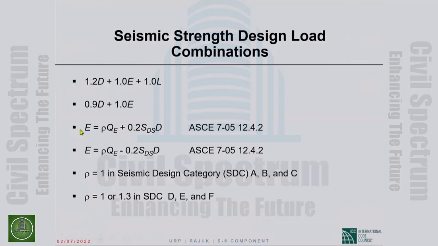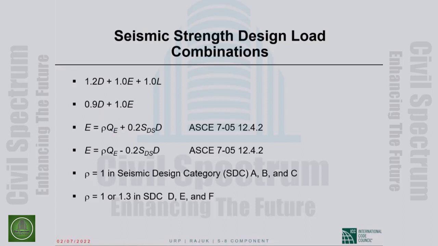Now, E in ASCE 7, first of all, and I'll talk about BNBC in a second. In ASCE 7, the earthquake effect E is made up of horizontal earthquake effect and vertical earthquake effect. The horizontal earthquake effect is the Q sub E that I showed you. This is the internal forces obtained by analysis of the structure, elastic analysis of the structure under code prescribed seismic forces.